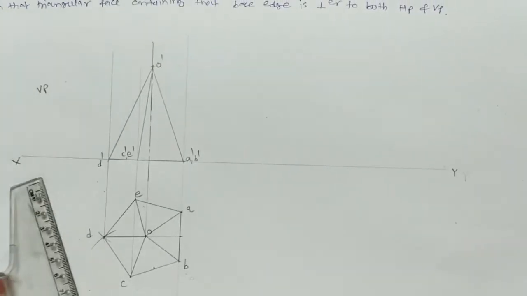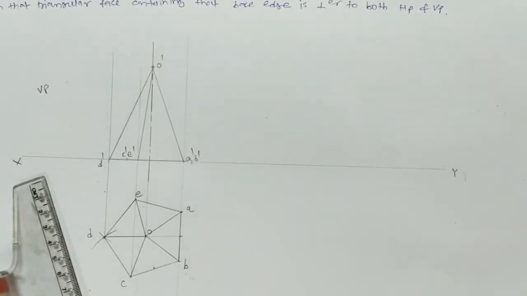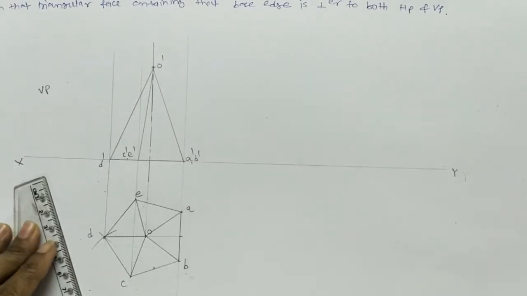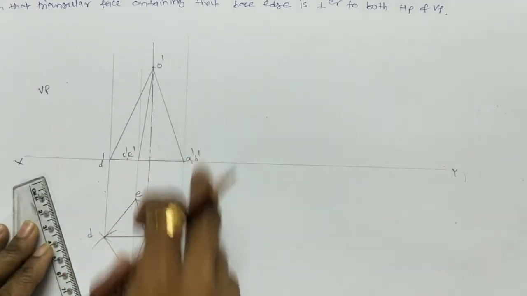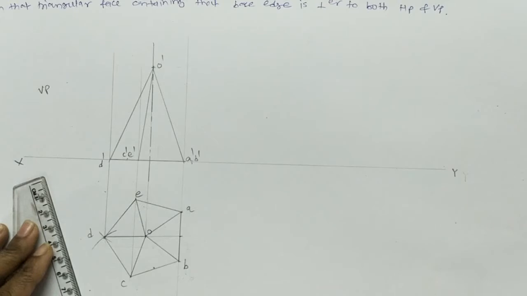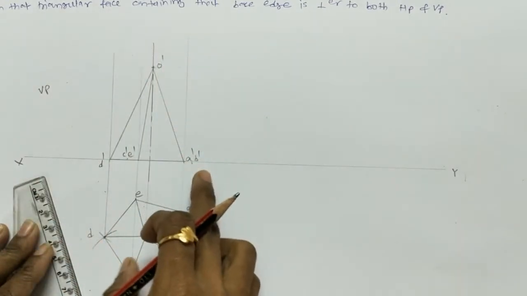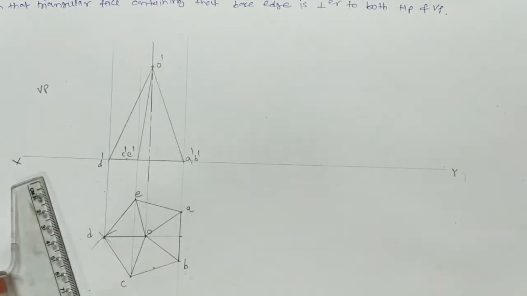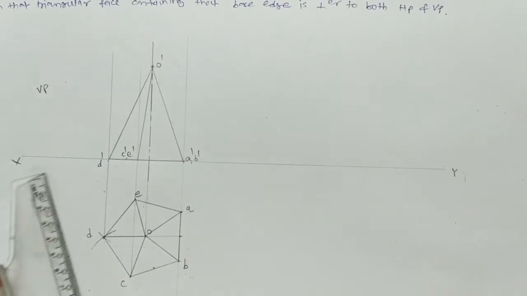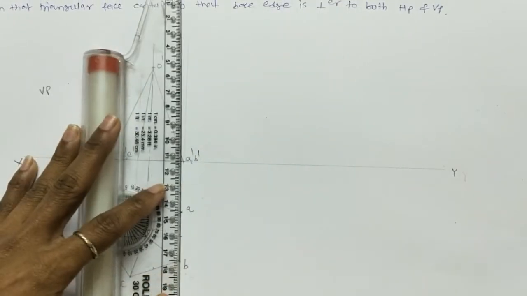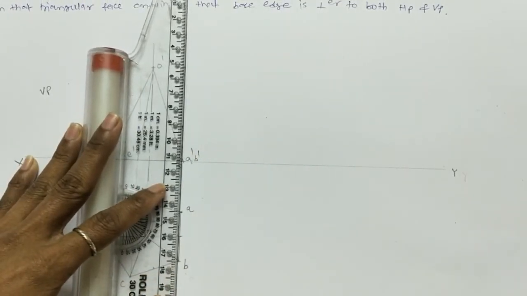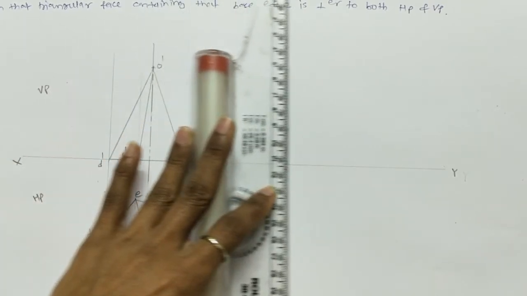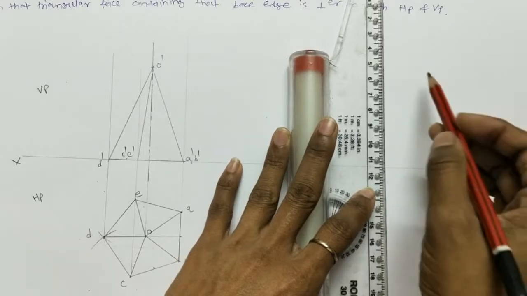Now it is given that the triangular face containing that base edge is perpendicular to both HP and VP. This means the A dash, B dash, O dash line is perpendicular to both HP and VP, that is, perpendicular to XY. So draw a line which is perpendicular to XY. So like this.